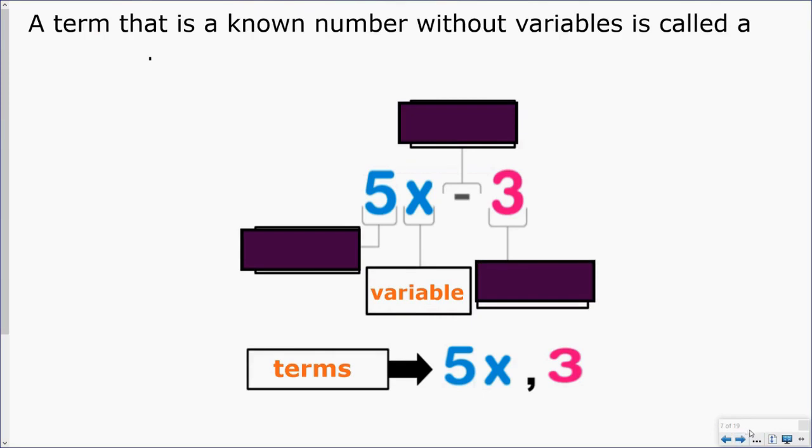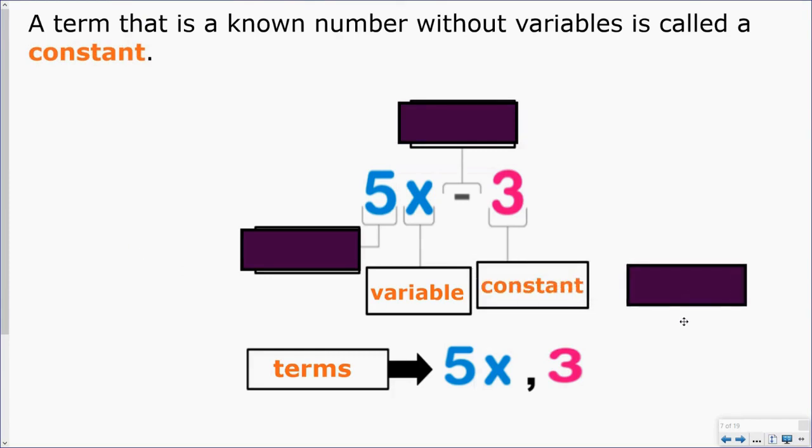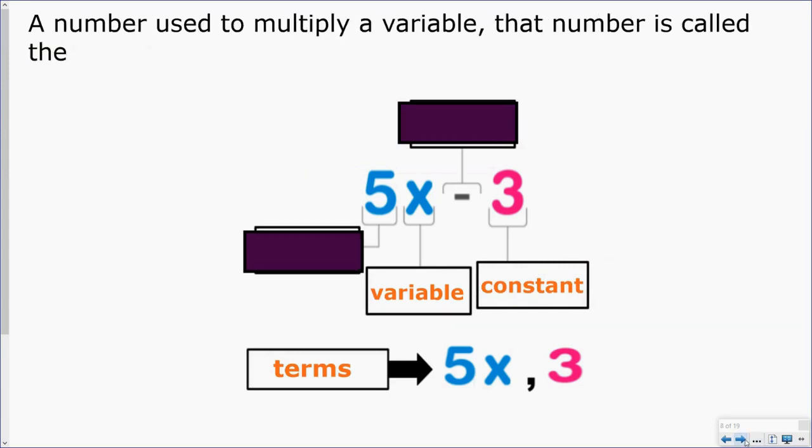A term that is a known number without variables is called a constant. So a constant is going to stay the same. It does not change. And in this case, the constant is 3. A number used to multiply a variable is called the coefficient.